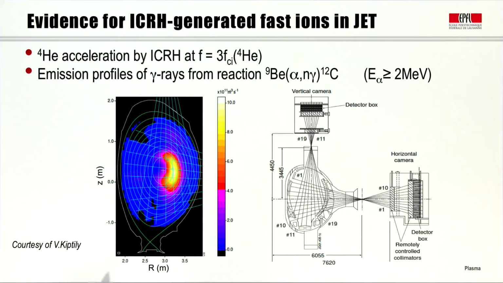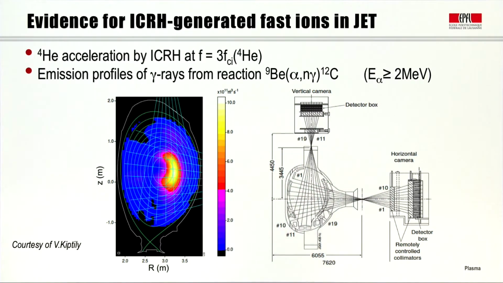And how do we observe them? We observe them by measuring, in a tomographic way, the emission profiles of gamma rays that are produced by nuclear reactions between the alpha particles and beryllium impurities that are present in the plasma. And the point is that these nuclear reactions have a threshold for the energy of the alpha particles.